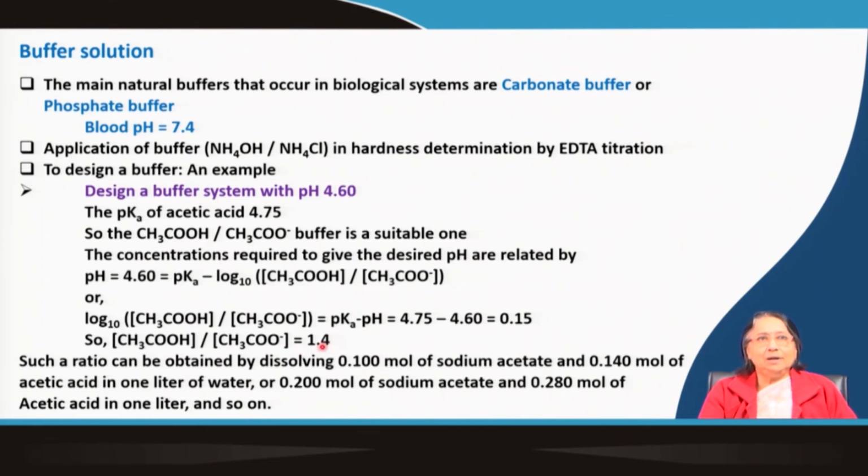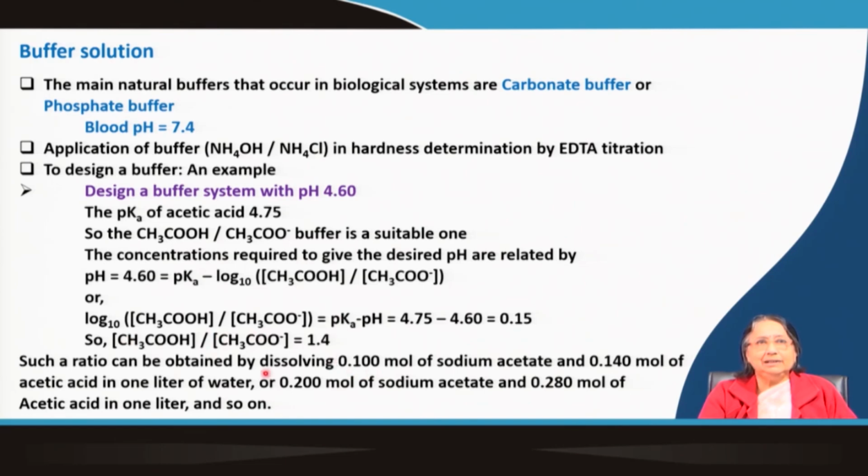In the Henderson equation it is the log of concentration of salt by acid, but here the log term is not there. So, the concentration of acid by concentration of salt should be 1.4. To design a buffer of pH 4.60, the ratio will be 1.4. We can choose the concentrations, but the ratio should be 1.4.